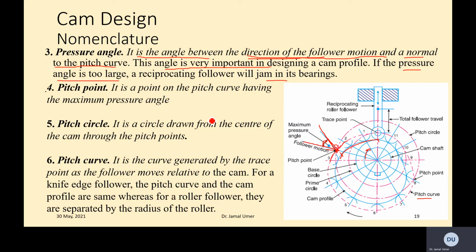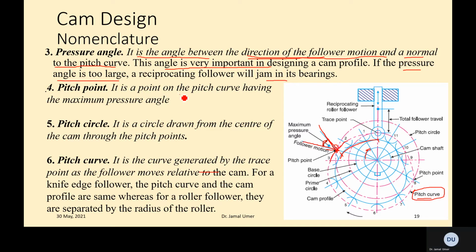Now, what does this pressure angle depend on? It depends on the pitch curve, which I said is quite an important thing, because the pitch curve determines whether it has a really high angle or a low angle. This will define the angle. Continuing, we have the pitch point.